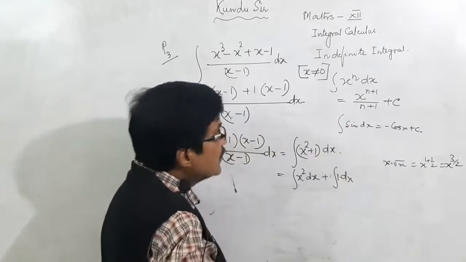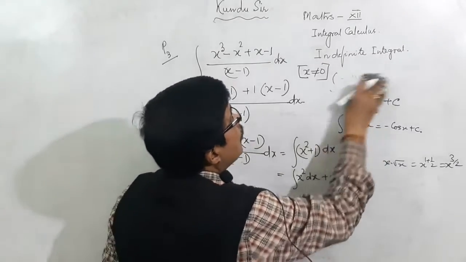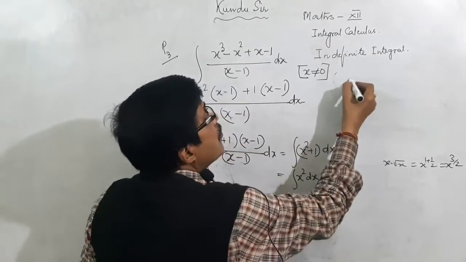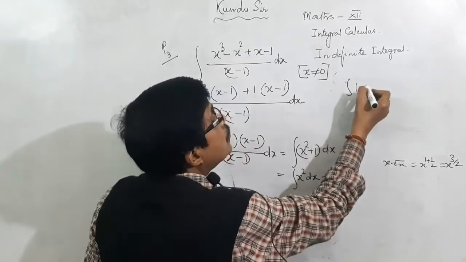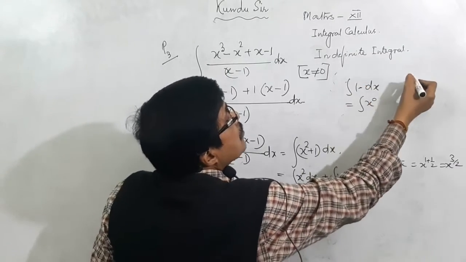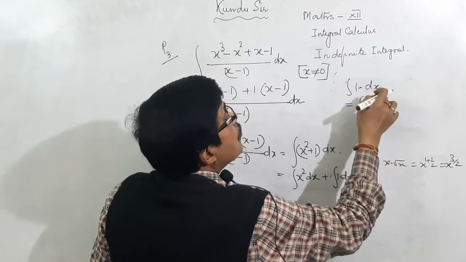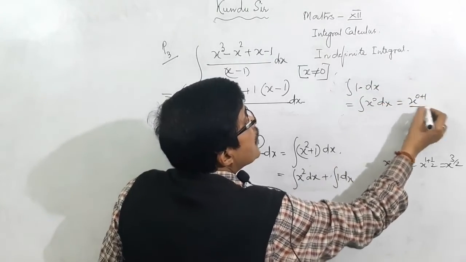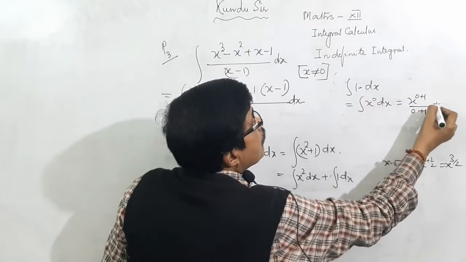We know that 1 is x to the power 0, since anything to the power 0 equals 1, so the integral is x to the power 0 plus 1 plus c.